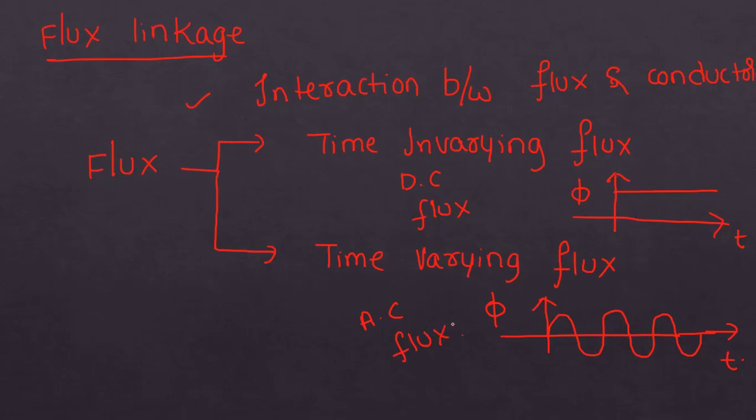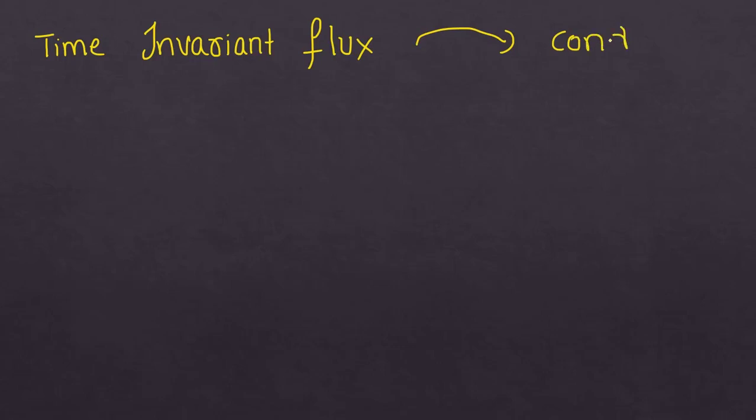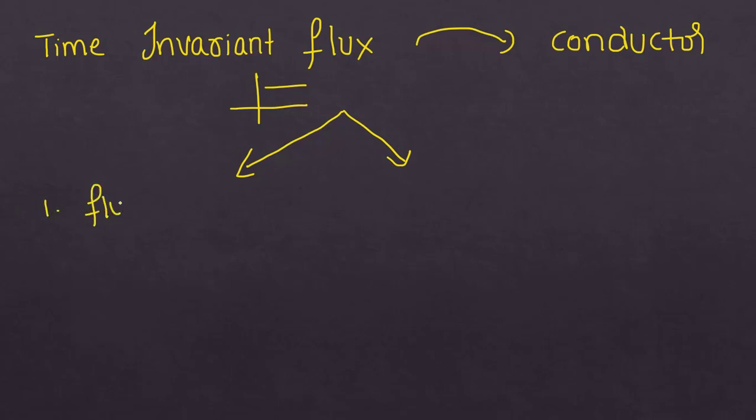Now we'll see how the time invariant DC flux links with the conductor, and how the time varying AC flux links with the conductor. If the DC flux has to link with a conductor, then any one of them should be moving. In the first case, flux is moving and conductor is stationary.